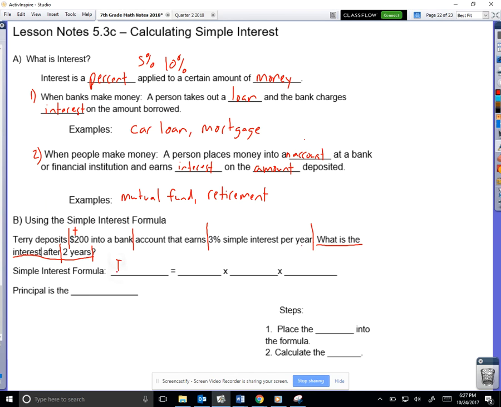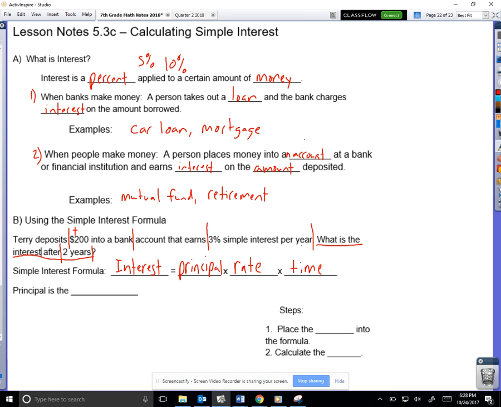Interest, the amount Terry makes, equals the principal times the rate times time. I'll talk about what principal is, just be patient. We're going to multiply three things together to get the interest: the principal, the rate, and the time.